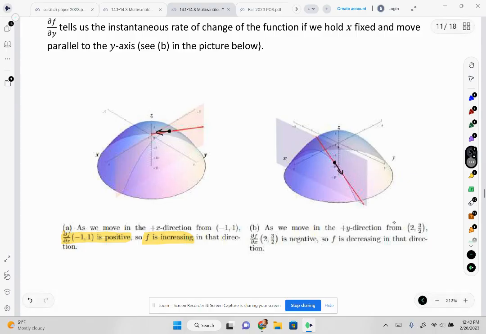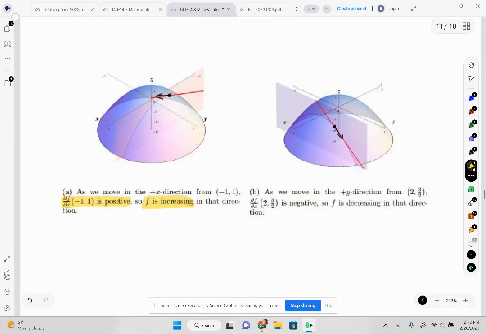That would mean that the partial derivative with respect to, oh, it's funny, I've never noticed this before, there is a typo in here. This should say that del f del y of 2, 3 halves is negative. For some reason, they accidentally put in del f del x. This is just a snippet from the book.